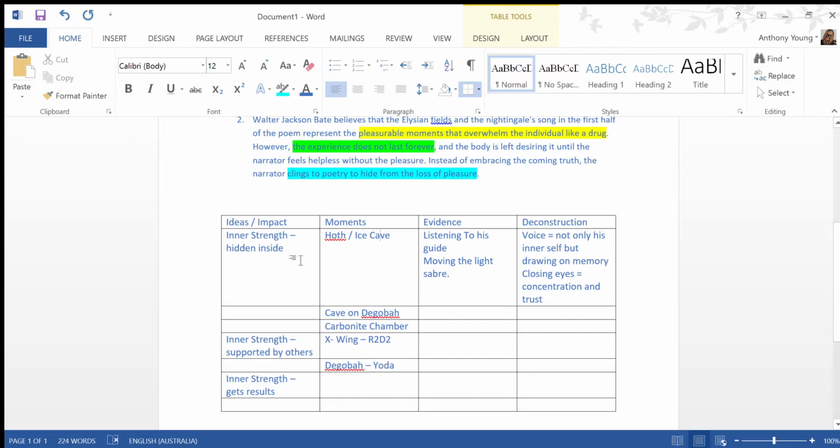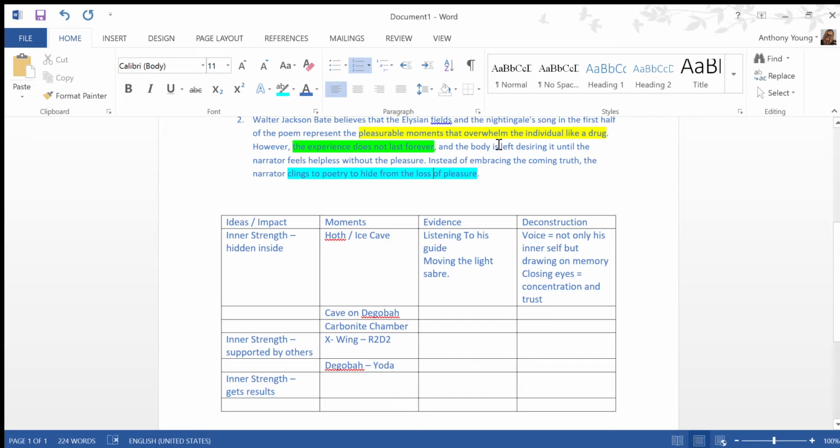So I'm guessing that if you're doing this prompt, you would have poetry means that he hides from pleasure, and that might be a warning. So there's a warning in hiding from loss. And then you might have a few paragraphs around the moments where pleasure overwhelms him, and a few paragraphs around the idea that the experience doesn't last forever.